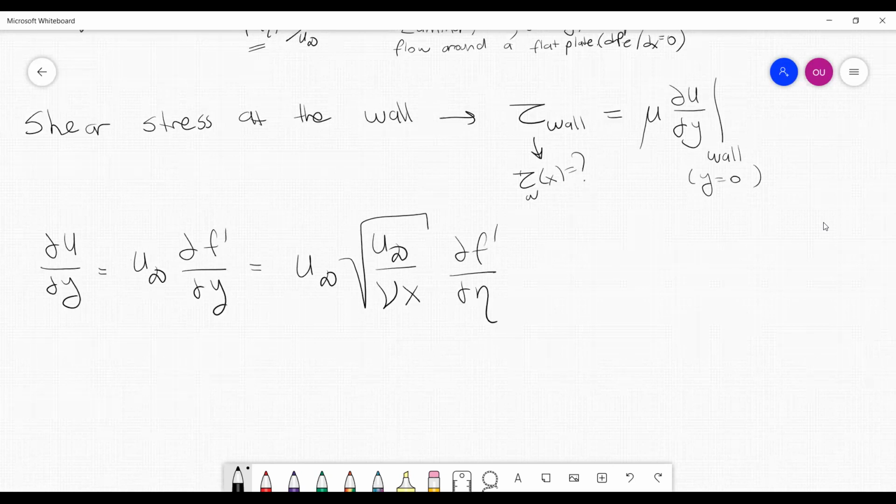And this is simply the second derivative. So u infinity times the square root of u infinity over nu times x, times the second derivative of this function. So this is one example.